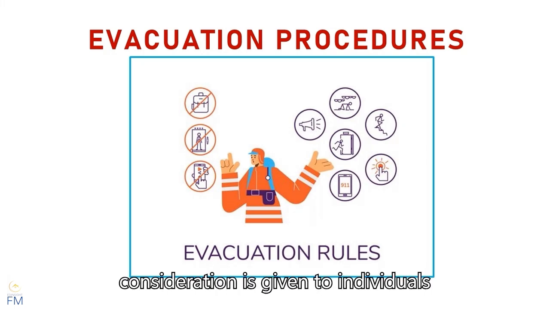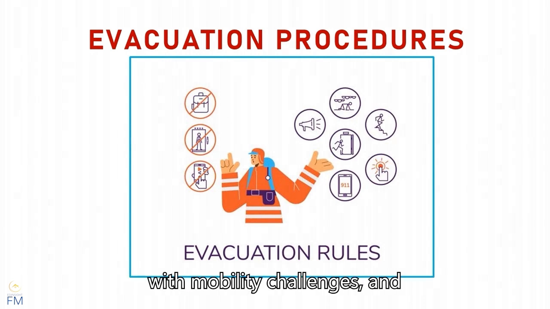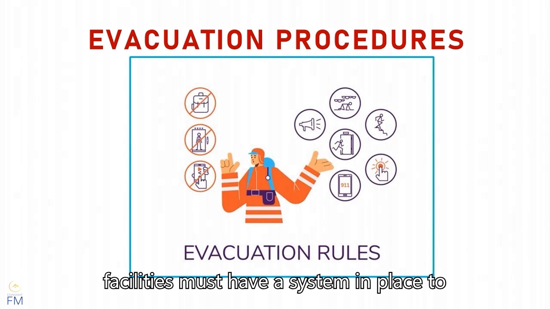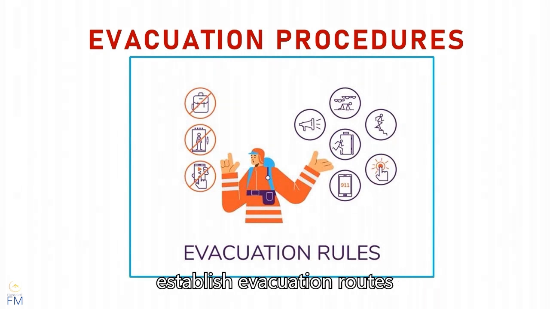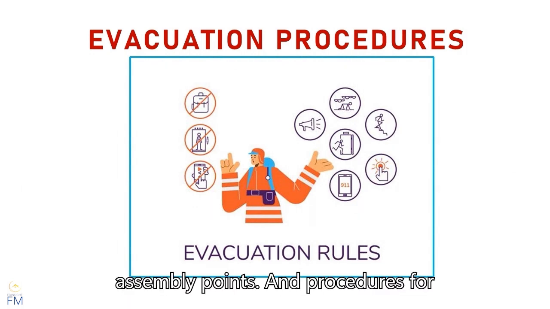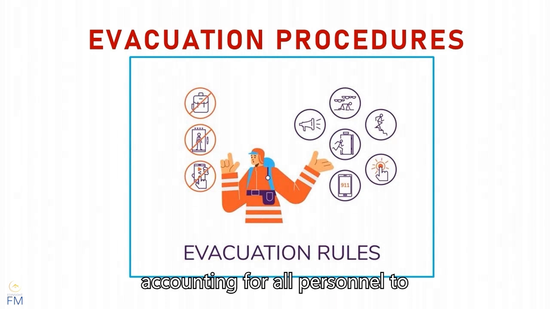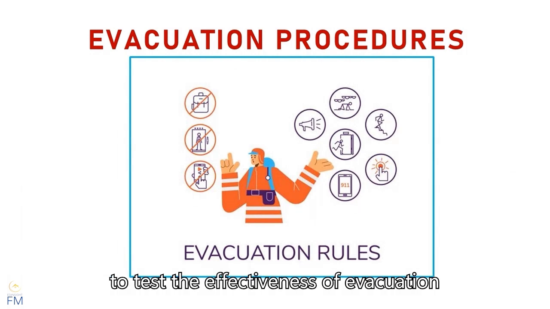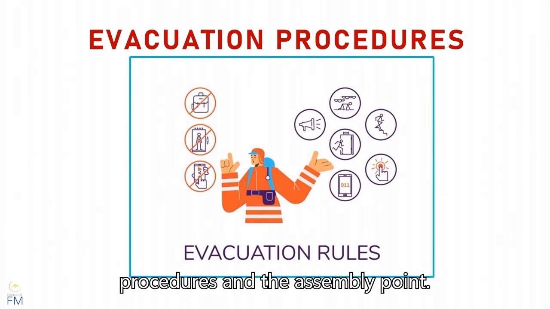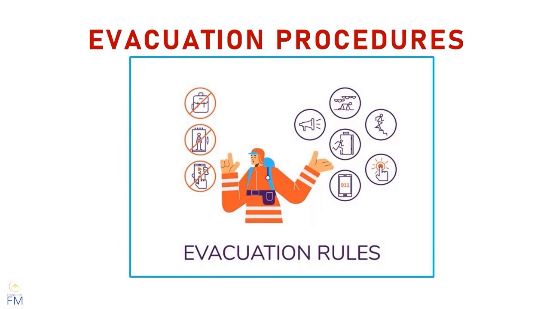Special consideration is given to individuals with mobility challenges, and facilities must have a system in place to assist them during evacuations. Establish evacuation routes, assembly points, and procedures for accounting for all personnel. Conduct an unannounced evacuation drill to test the effectiveness of evacuation procedures and the assembly point.